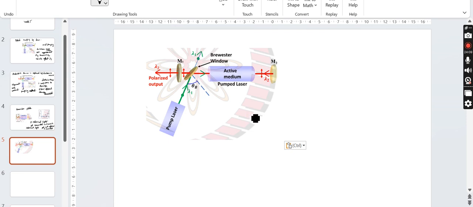So we can overcome the issue of the dichroic mirror here, and also we can dispense with the dichroic mirror here. So the optical pumping scheme is through one of the end faces.